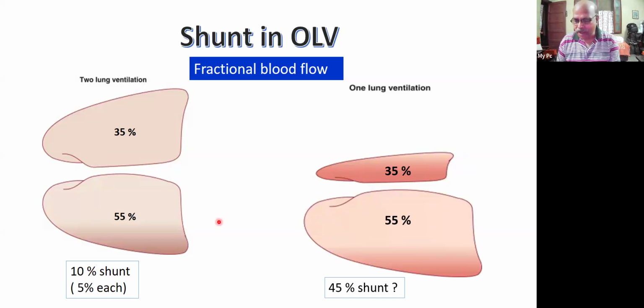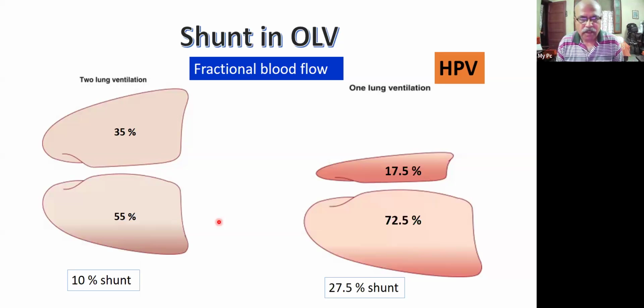Actually, it does not happen like that because of a phenomenon that God has given, that is the HPV or the hypoxic pulmonary vasoconstriction. That diverts the blood from the hypoxic zone to the more ventilated areas, and therefore we land up with a shunt of about 27.5%, but there is a shunt of 17.5% in the upper lung or the collapsed lung.